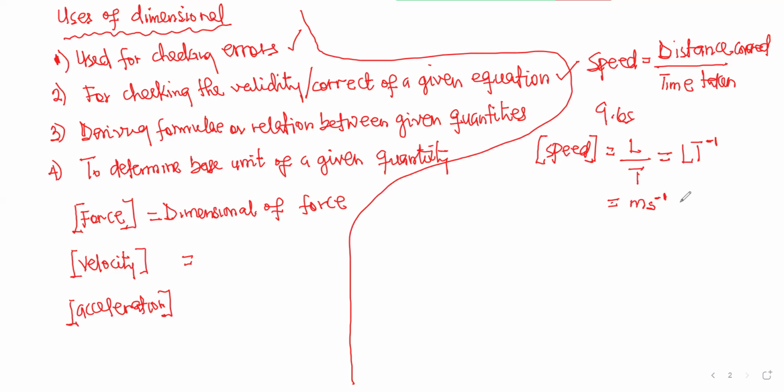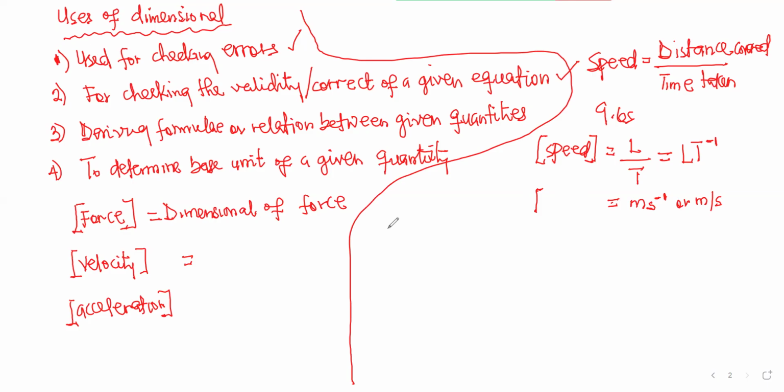Note that is the same as m/s. The value is still the same. Is that okay? So we have used the knowledge of dimension to determine the SI unit of the quantity speed. So knowing the dimension, you can easily determine the unit as well.